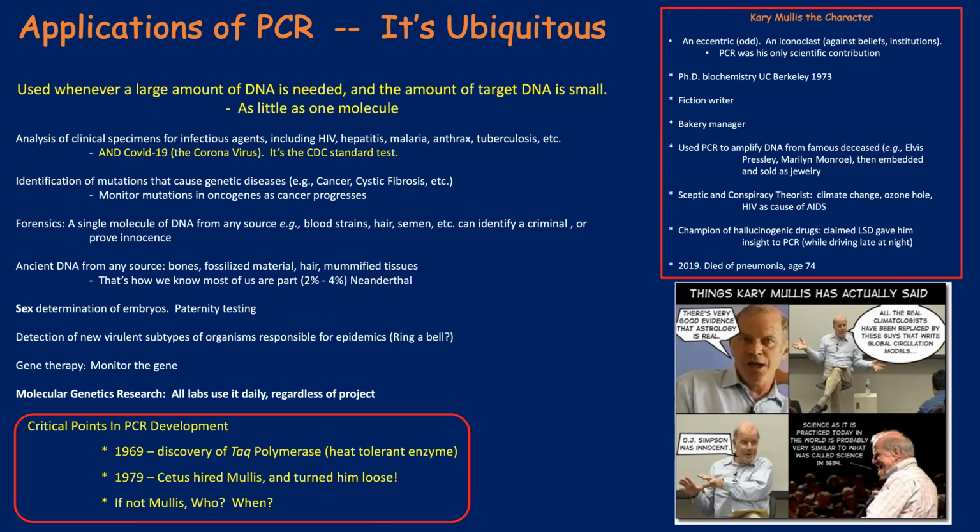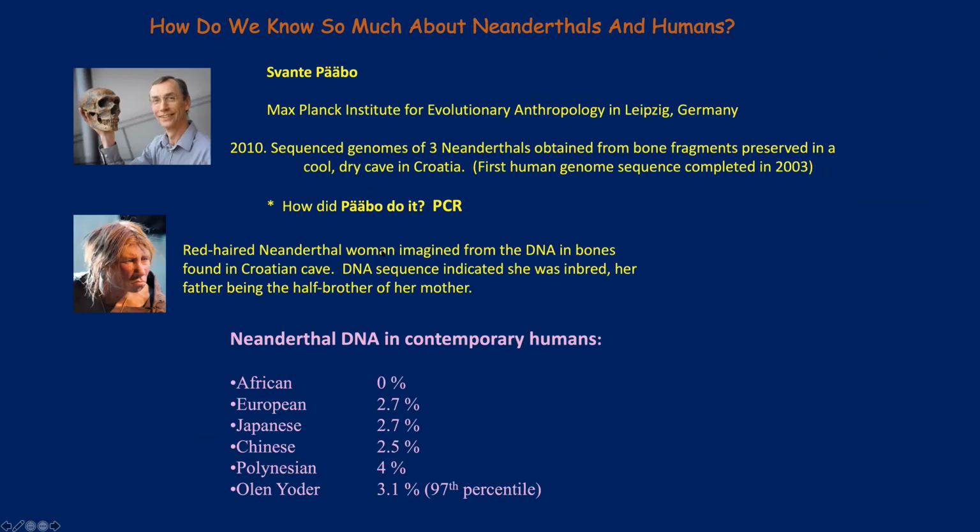Now, we talked about Neanderthals, ancient DNA. And if you recall, when we were talking about that, I showed you this slide. I said, how do we know so much about Neanderthals and humans? One man, Svante Pääbo, who in 2010 sequenced the genomes of 3 Neanderthals.